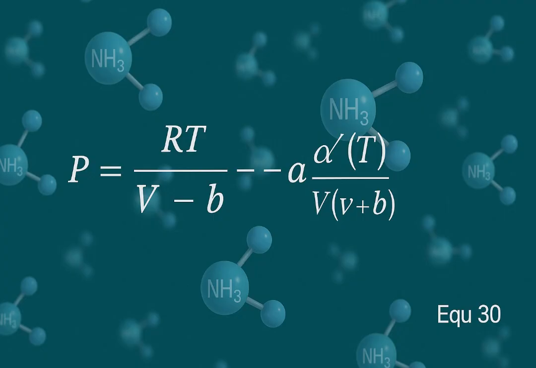Non-ideal gas compression. The SRK equation can also be used to calculate the compressibility factor Z, which helps engineers understand how much a gas will compress or expand under given conditions.